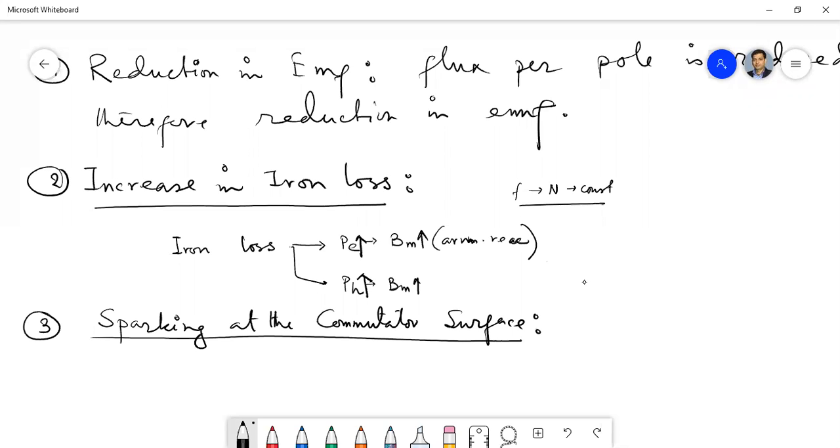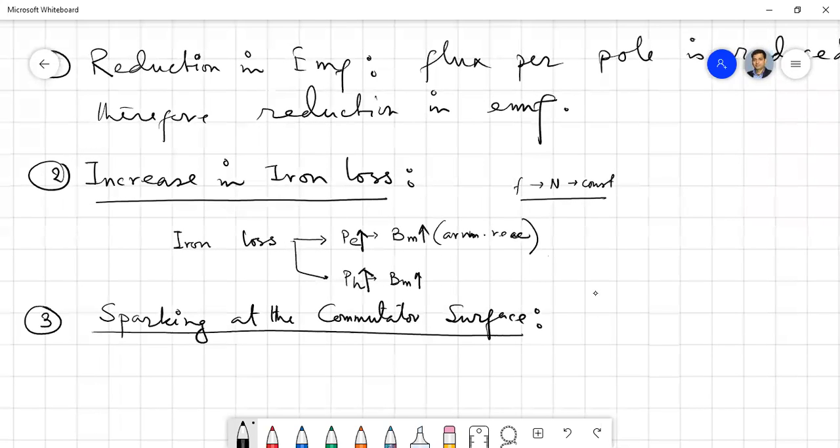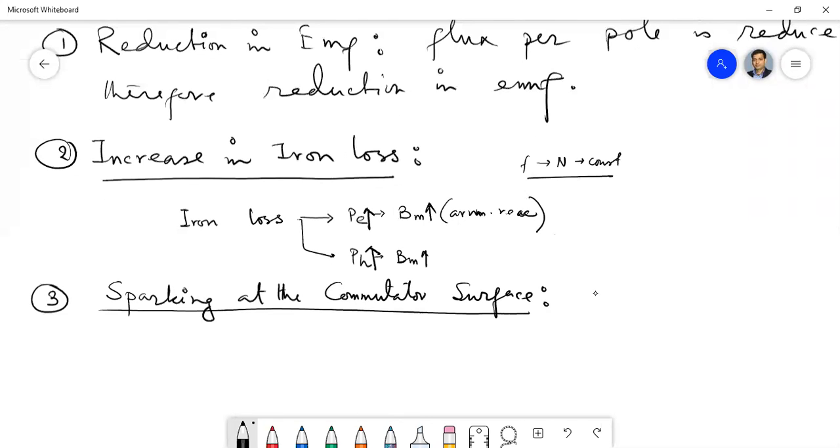For that, I should tell you that due to the armature reaction, in that location where you generally place the brush, there is a finite flux, as you can see from the curve. If there is a finite flux, then there will be a rotational EMF induced in the coil.